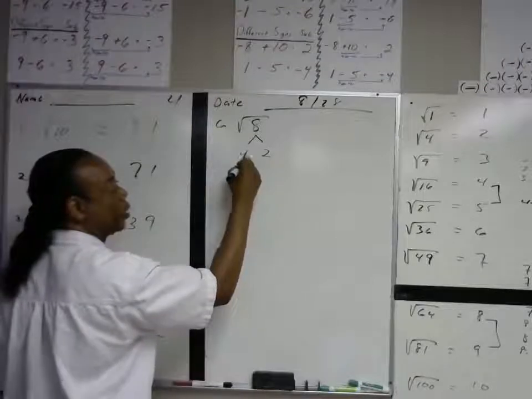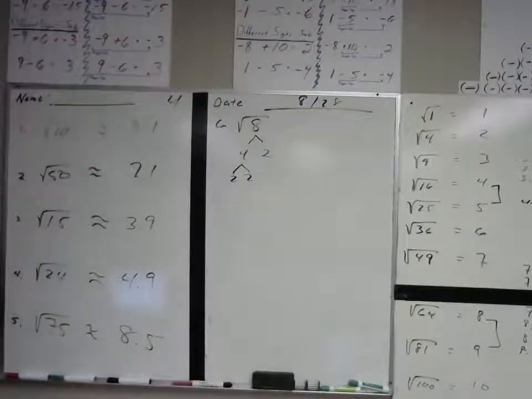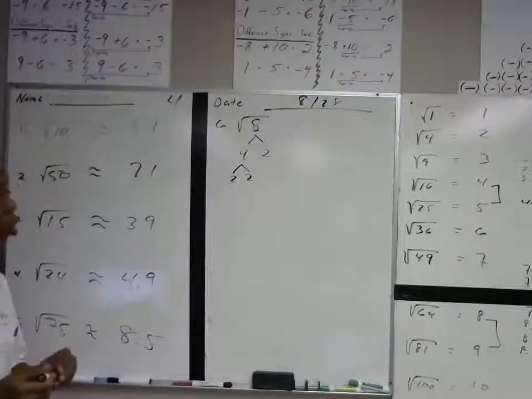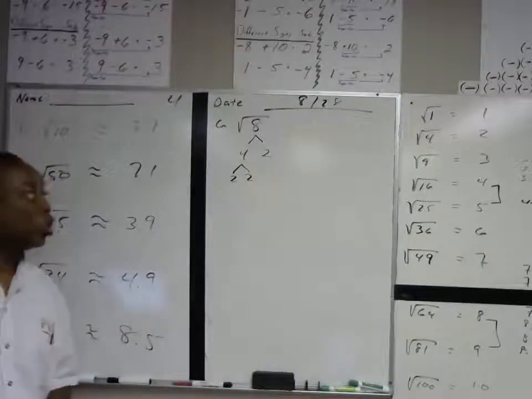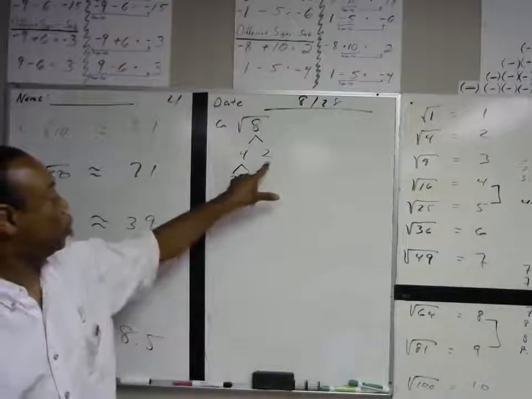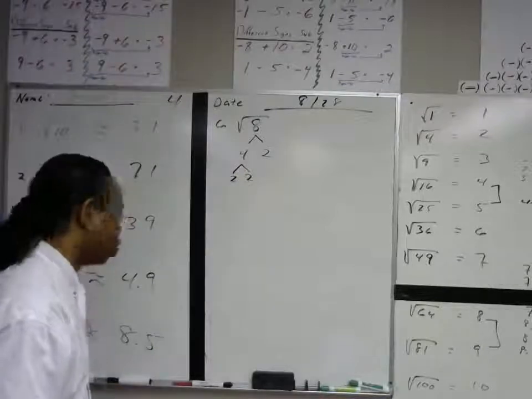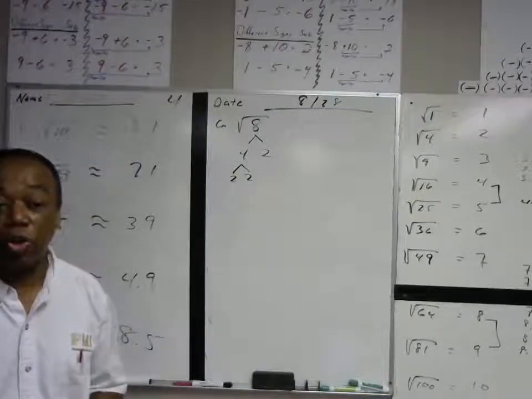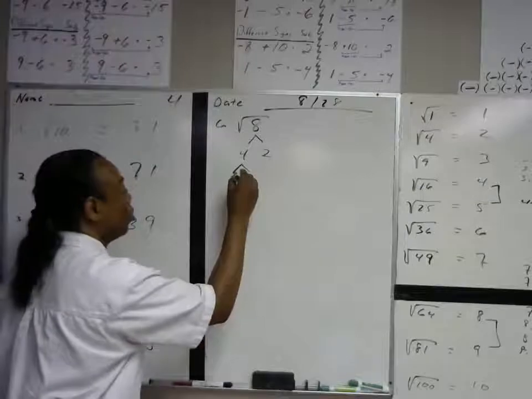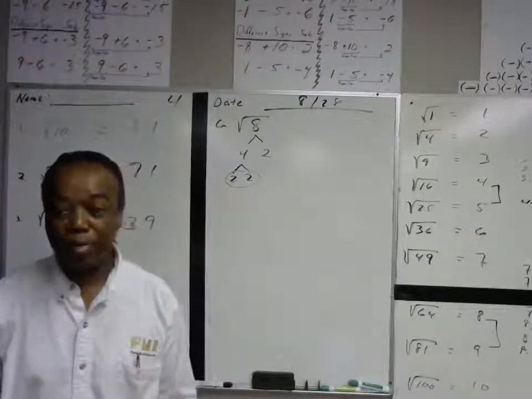And then 4 factors again into 2 times 2. Once you got all your factors, 2, 2, and 2, you circle the pairs. That's a pair. In fact, that's the only pair.